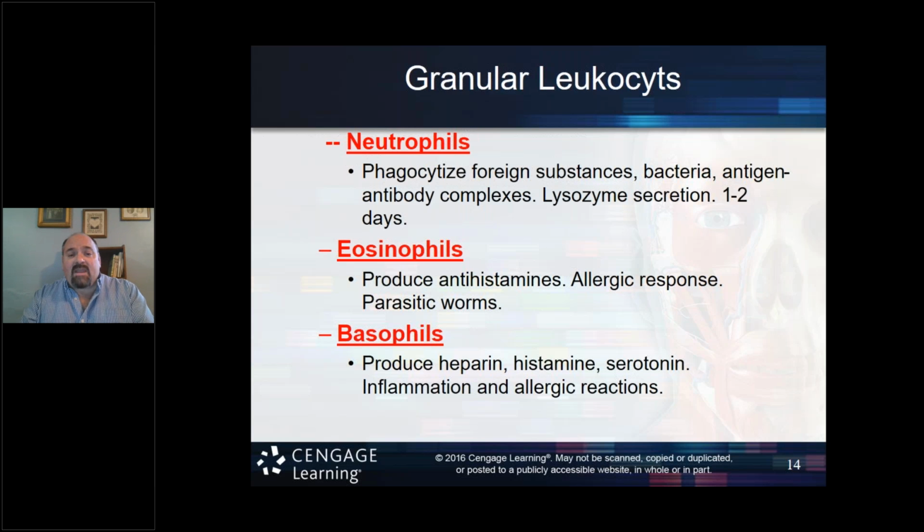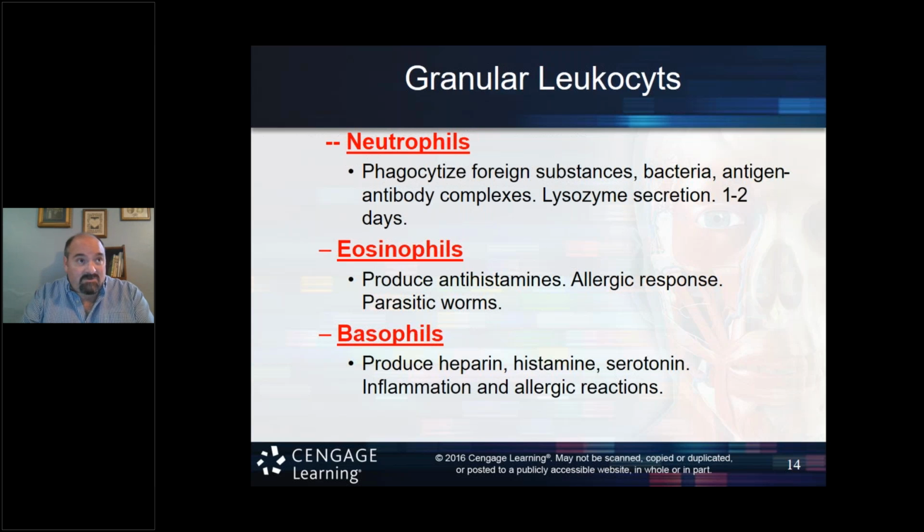Eosinophils, they are actually producing antihistamines. So in response to allergies, right? So we develop an allergy and we have an allergic response, we're going to produce histamines, which will increase the inflammatory response.